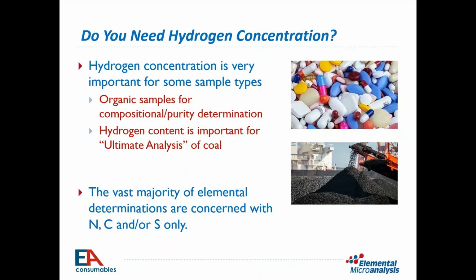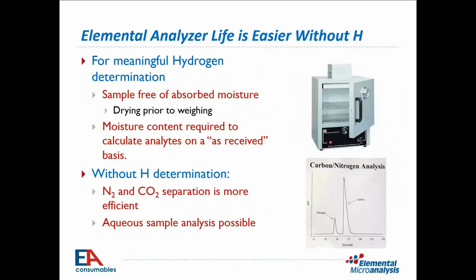But the vast majority of elemental determinations are concerned with nitrogen, carbon, and/or sulfur only, and the hydrogen is not required. And in general, elemental analyzer life is easier without hydrogen. If you wanted to measure hydrogen in a meaningful way, you would have to first dry the sample free of absorbed moisture, and then the other things that you're measuring, the carbon and nitrogen, would not be on an as-received basis.